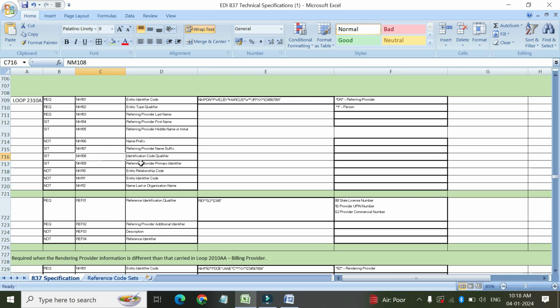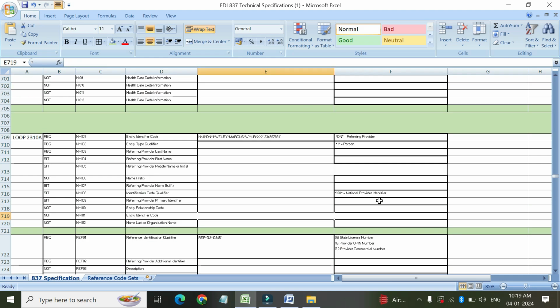NM108 contains the identification code qualifier. Remember, I told you that NM109 will always contain the unique or universal identifier of that entity. In this case, because this is a provider, they have their unique number as NPI, National Provider Identifier, and that is what NM108 shows: XX means National Provider Identifier.